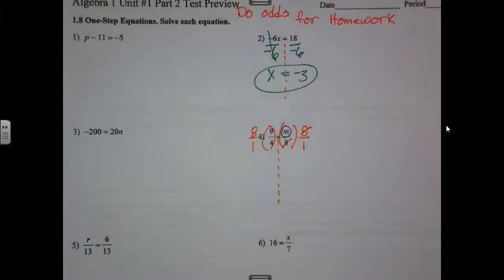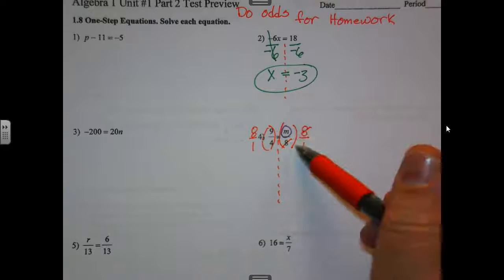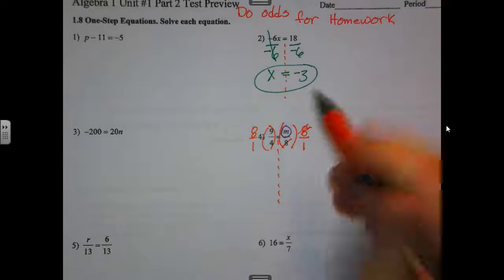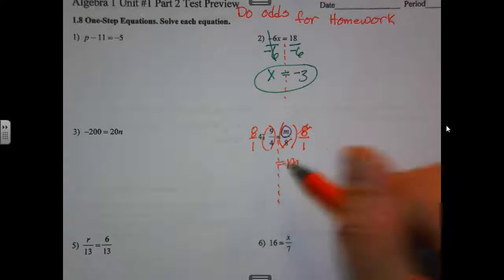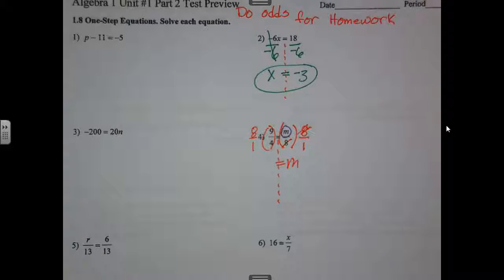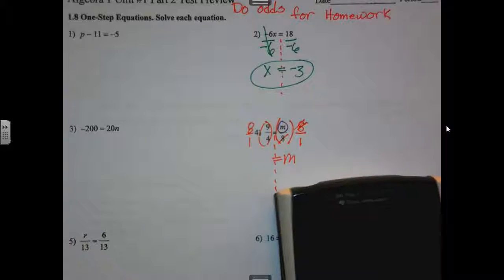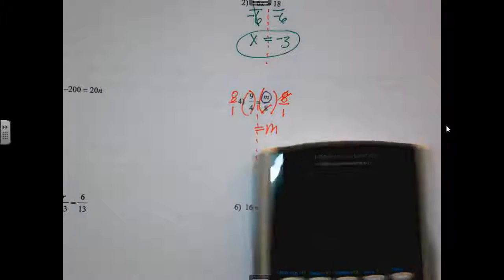Okay, these all cancel. I get m equals 8 times 9/4. Now, I highly suggest you guys use your calculators.